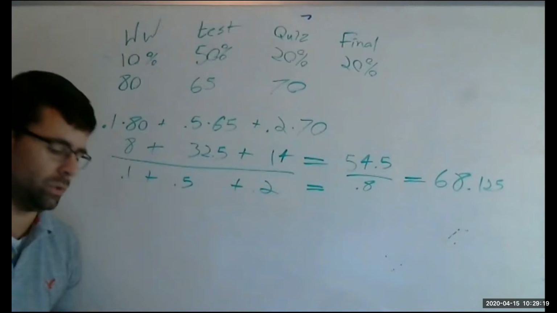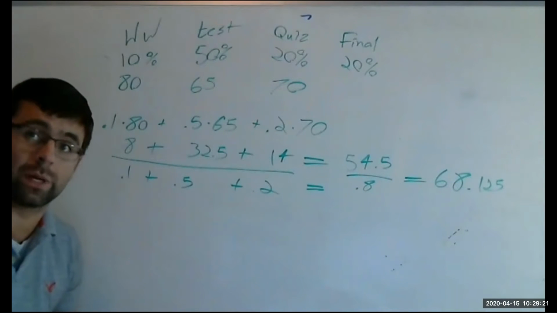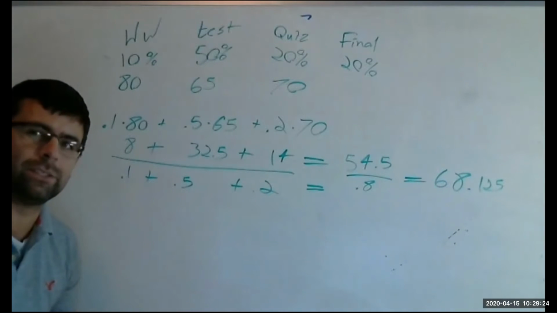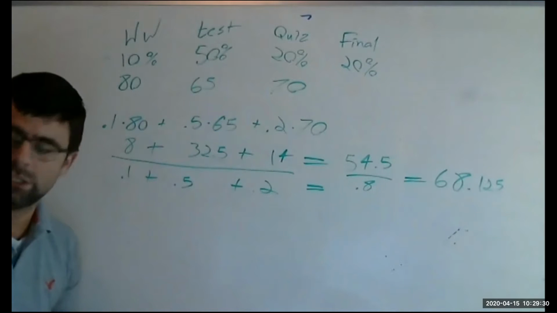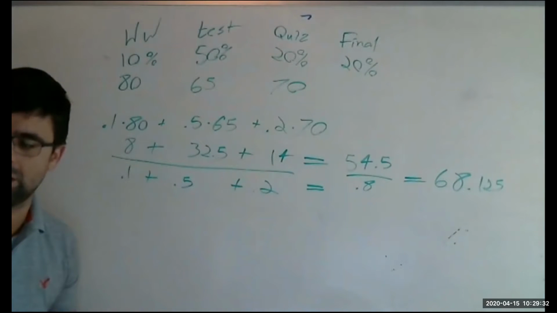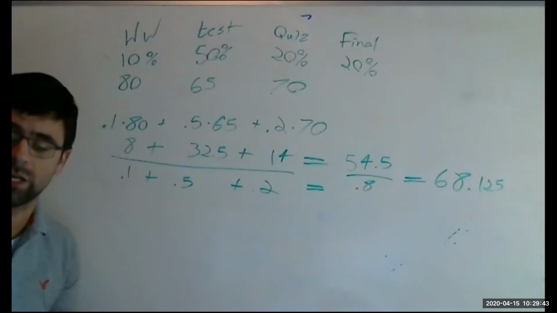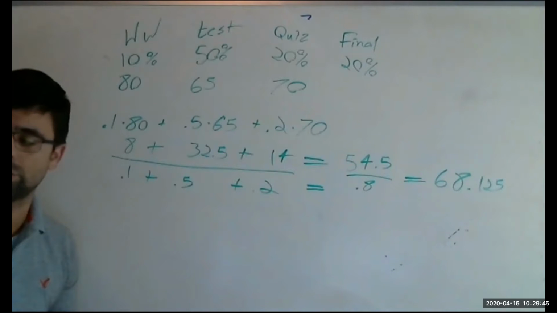This is part of my issue with calculating y'all's grades in the class, is your homework is technically not due until the very end of the semester. So do I just not include it? Because then you think you're maybe doing better than you are at the moment if you haven't done any of the homework. Or maybe you think you're doing worse than you actually are because you've done a lot of the homework.